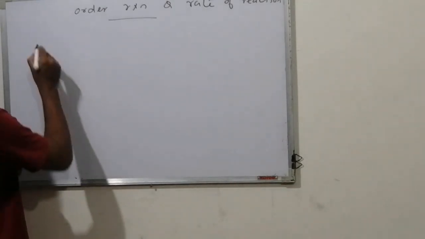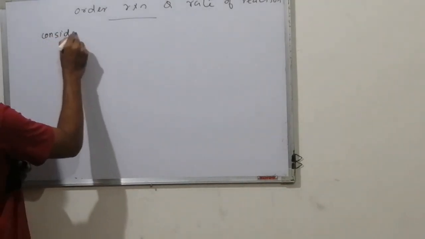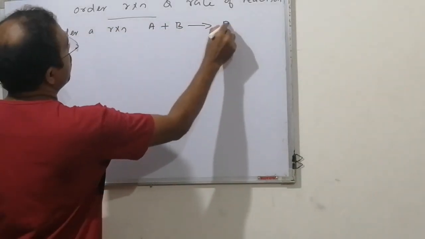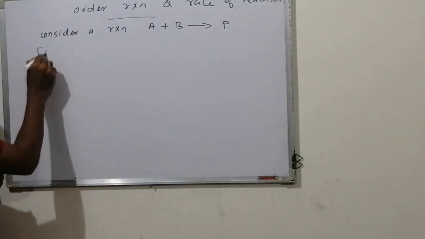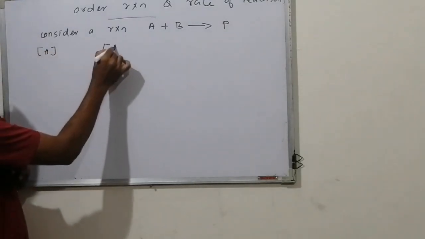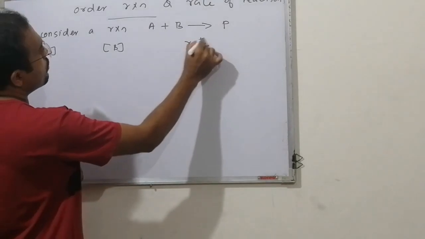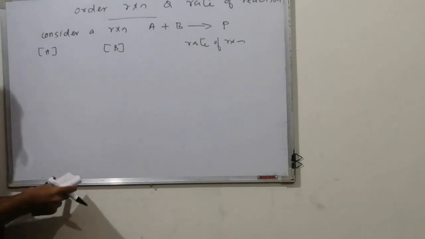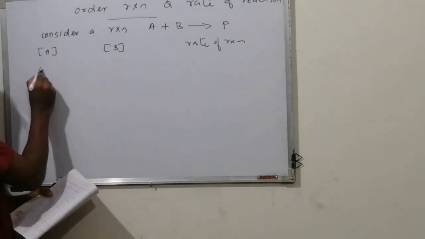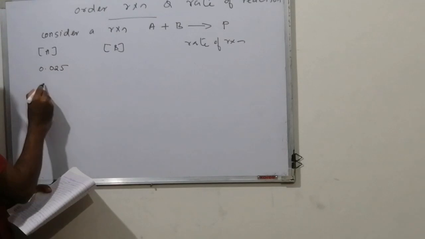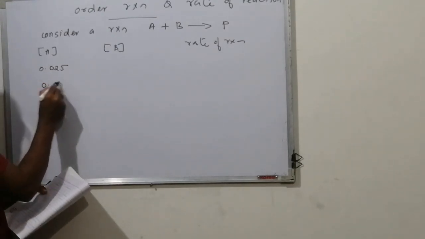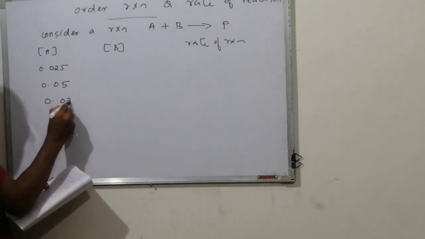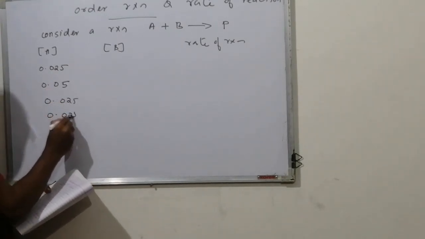Consider a reaction A plus B gives products. We have the concentration of A, the concentration of B, and the rate of reaction. Concentration of A is given as 0.025, 0.05, 0.025, 0.025.